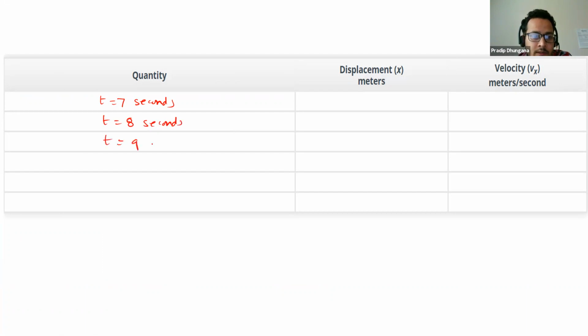T is equal to 9 seconds. T is equal to 10 seconds. And those all values are, I'll write measured, okay? Measured values from the table. And then also you have to get those values, okay? Measured.